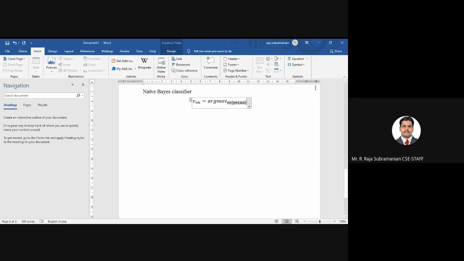Next, probability of V, I can have this as Vj. I can just have it as this particular variable. This can be considered as Vj.